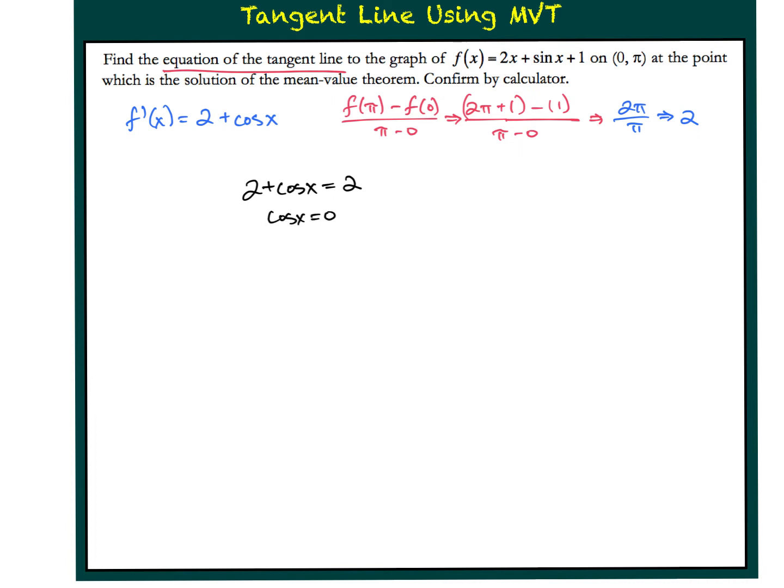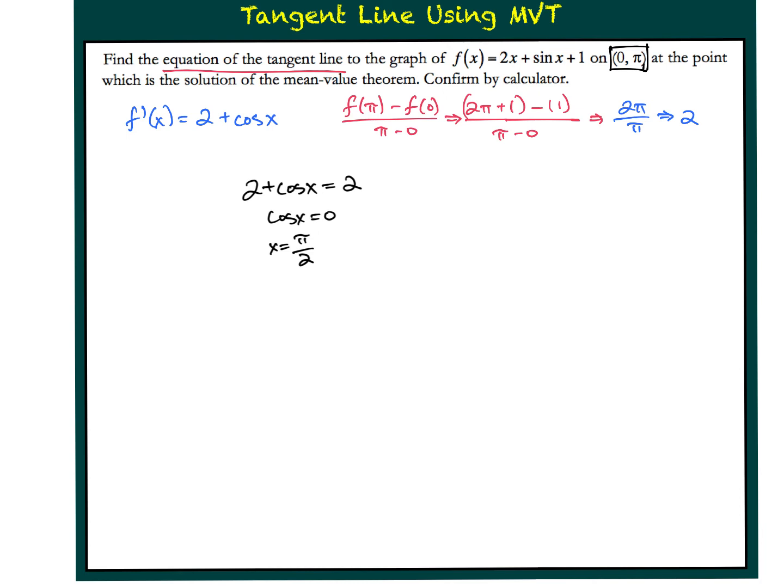When does cosine give me 0? Pi over 2, and 3 pi over 2, and 5 pi over 2. But why do I not need all those? They're not on my interval. I want my interval 0 to pi. Yes? So there is the x value at which I have a solution to the mean value theorem.